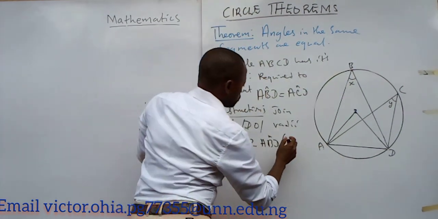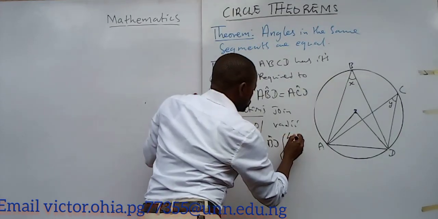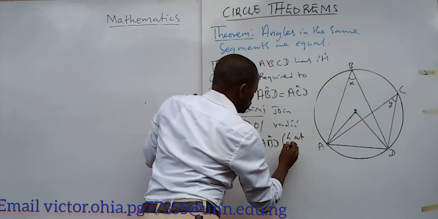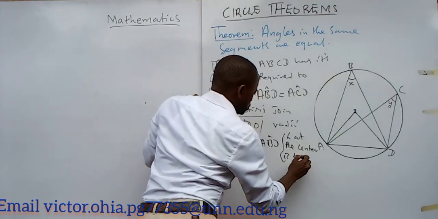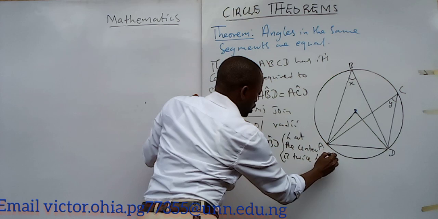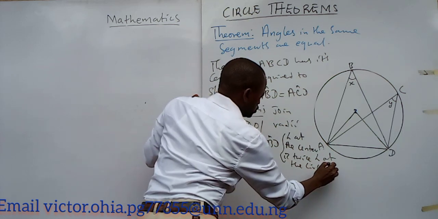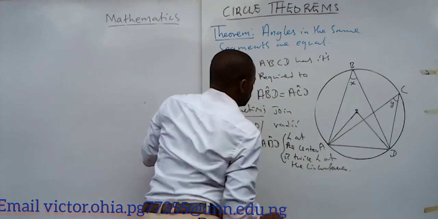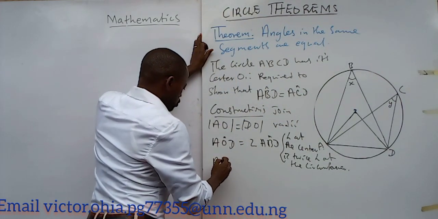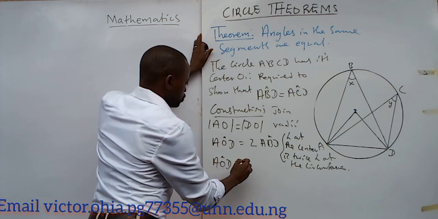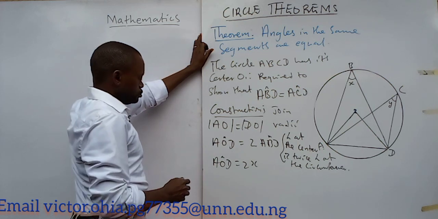So we back it up with that theorem: the angle at the center is twice the angle at the circumference. That means AOD is equal to 2 times x.